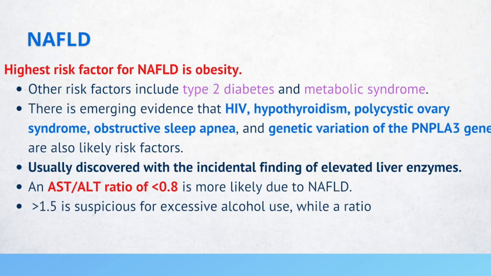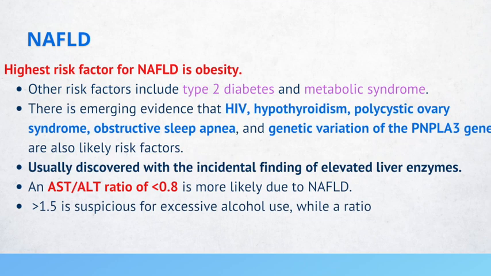So if you see that they have an AST-ALT ratio of less than 0.8, it's more likely due to non-alcoholic fatty liver disease. However, if this ratio is greater than 1.5, you need to be suspicious of excessive alcohol use.